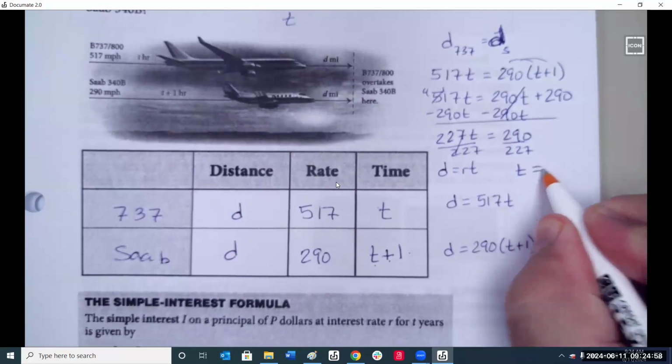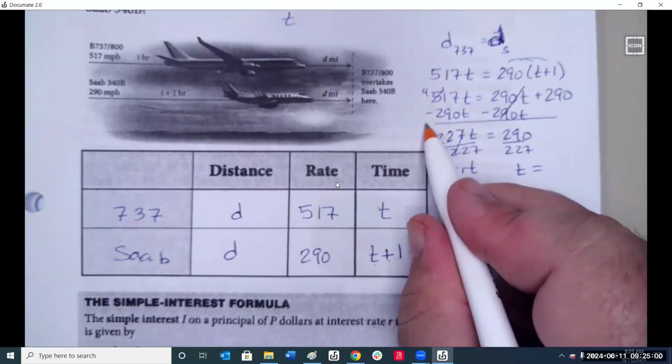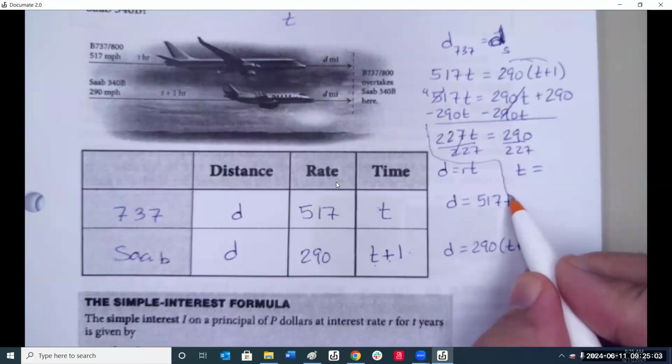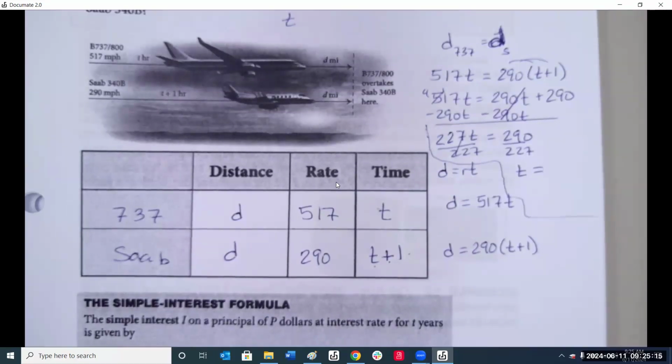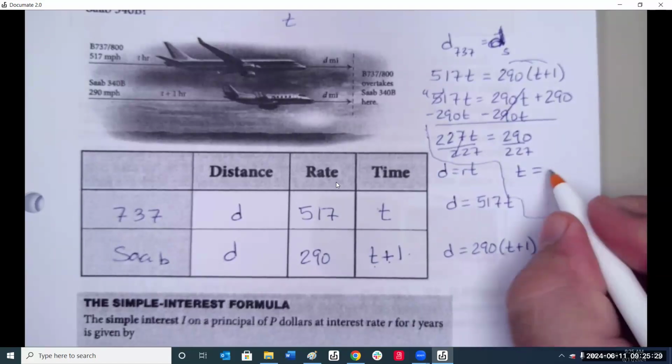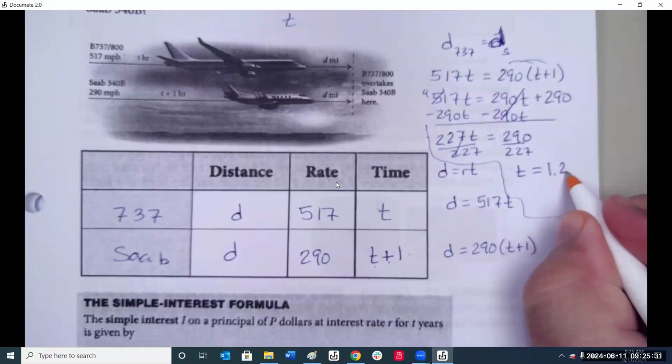So T is equal to, what is T equal? 290 divided by 227. 1.27?